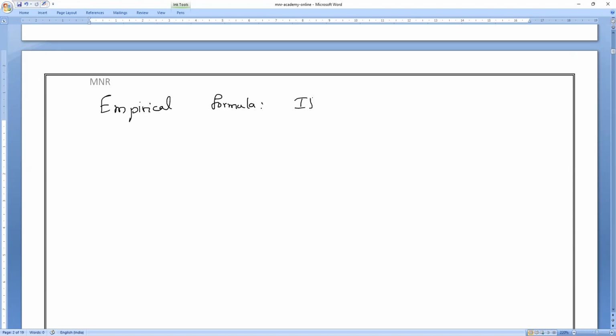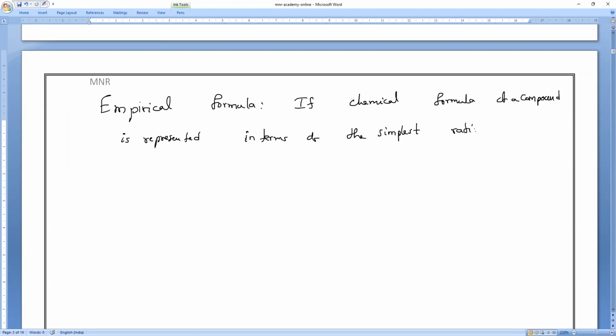Write it. If a chemical formula of a compound is represented in terms of the simplest ratio of atoms, that's what we are going to study now.